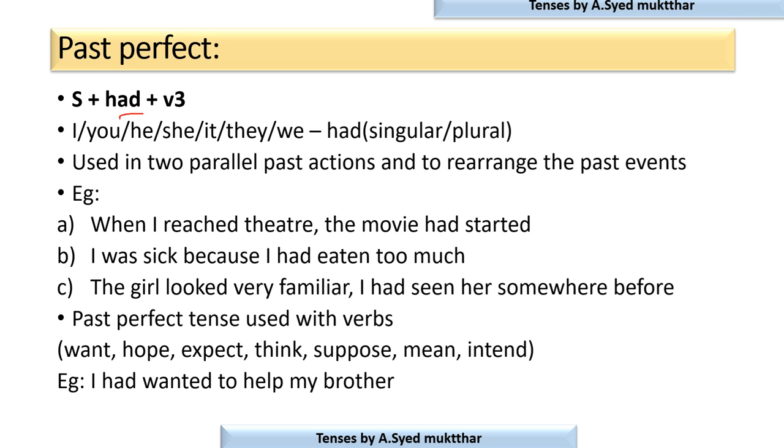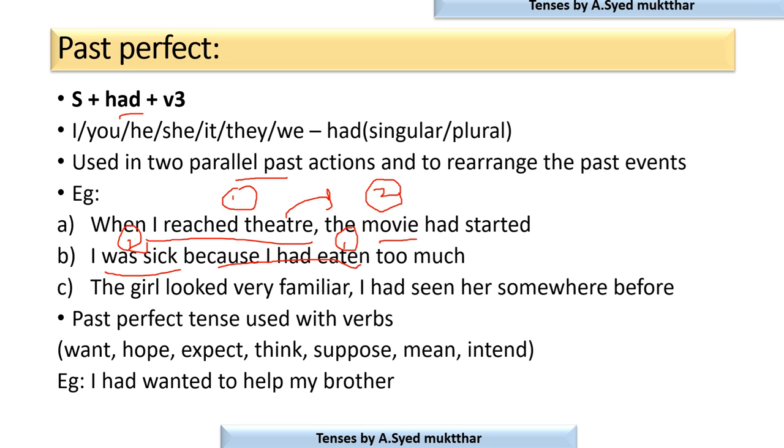Had is generally used to describe two parallel past actions and to arrange the order of actions that took place in the past. When I reached the theater, the movie had started. After I reached the theater, the movie had started. So when I reached the theater is the first event, and the movie had started is the second event. I was sick because I had eaten too much. I was sick is the second event. I had eaten too much is the first event.